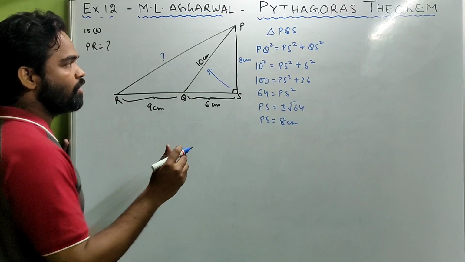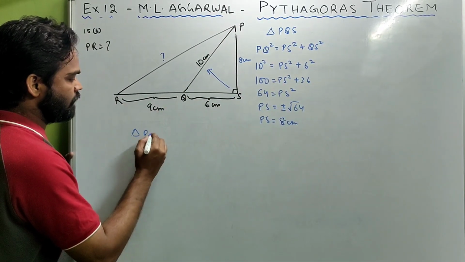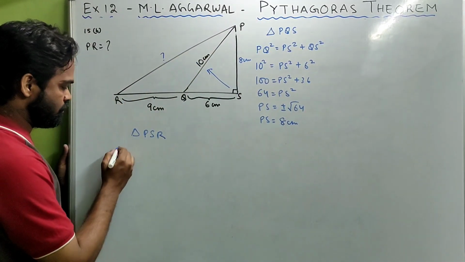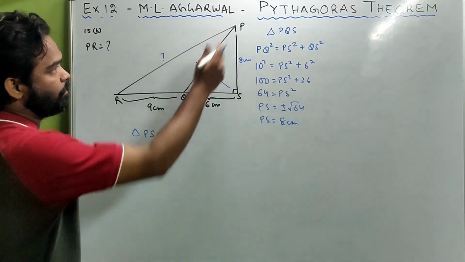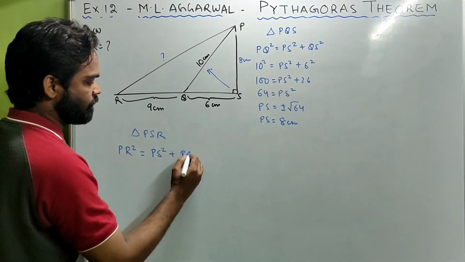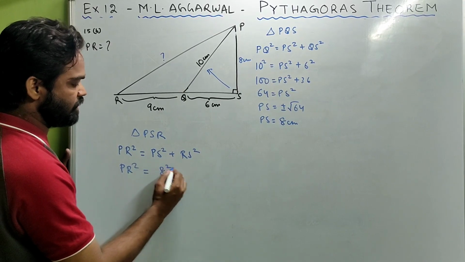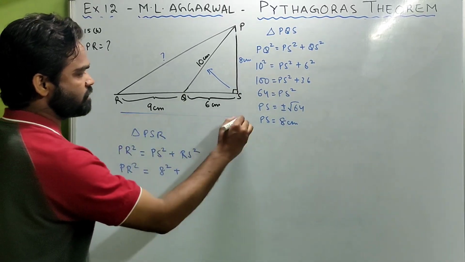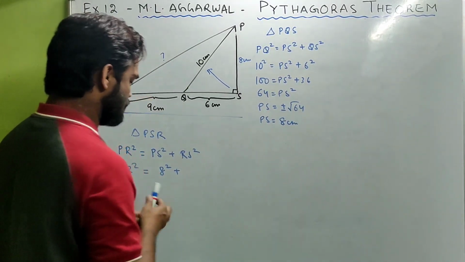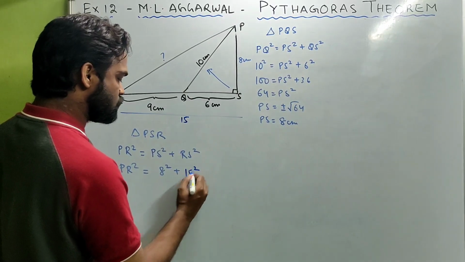Okay. Now look at the triangle PSR. Again, PR is the hypotenuse. So PR square is equal to PS square plus RS square. Now look carefully. PS is 8 square. RS is 9 plus 6 according to the diagram, so that's 15 square.